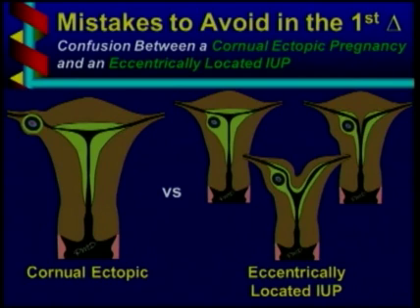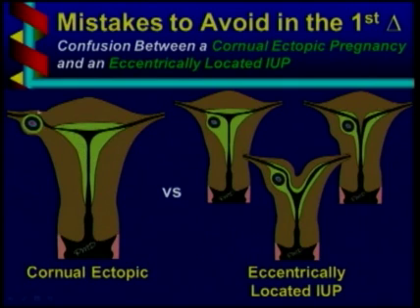Another mistake to avoid is confusion between a cornual ectopic pregnancy and an eccentrically located intrauterine pregnancy. So this is a schematic diagram of a cornual ectopic pregnancy. There's the body of the uterus and the endometrium or decidua of the body of the uterus.